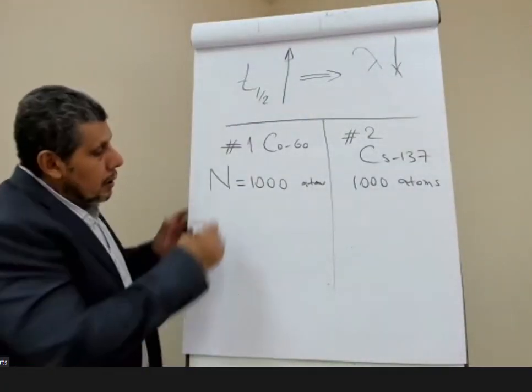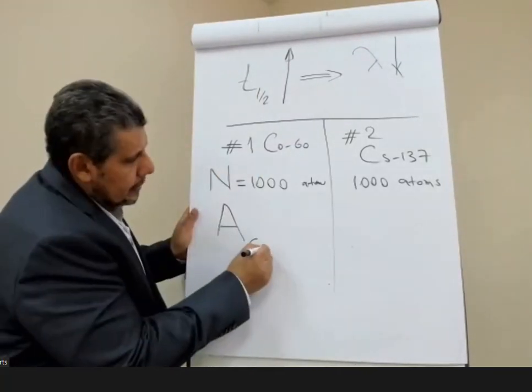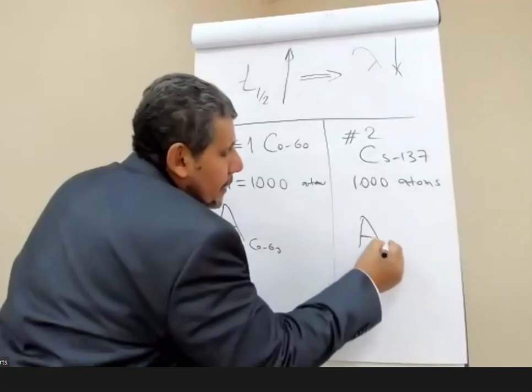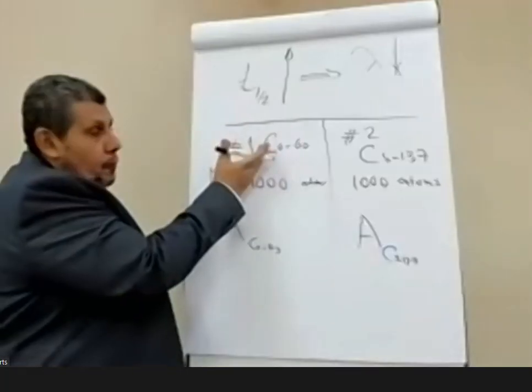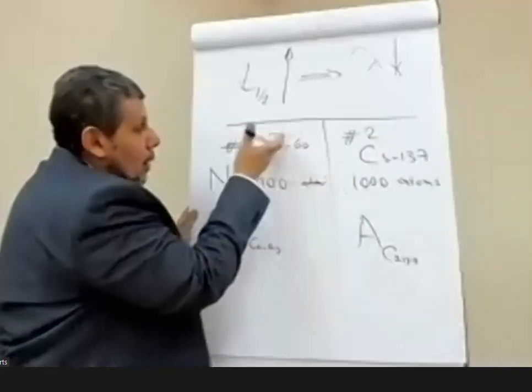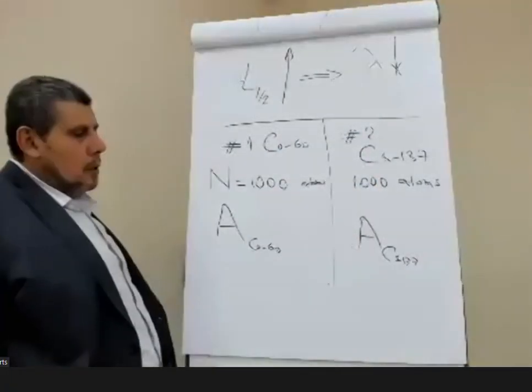Now, the activity of cobalt 60 and the activity of cesium 137; this decays with time. So I have activity here for the same amount of atoms.